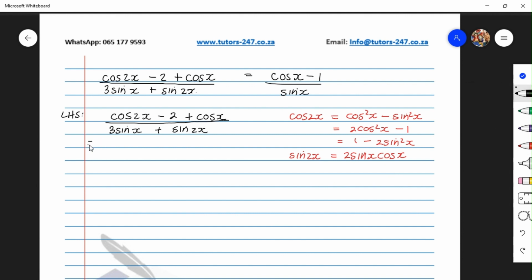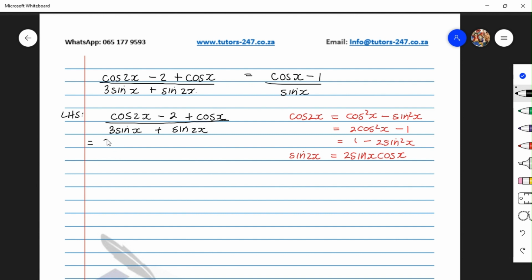So we need to figure out which of the three cos double angle formulas we are going to use in this question. Now, if you look at your right-hand side, we can see that it has cos only. So we are going to use the double angle formula that only has cos, as opposed to the one that has cos and sine, or sine only, because we only want to have cos in our numerator.